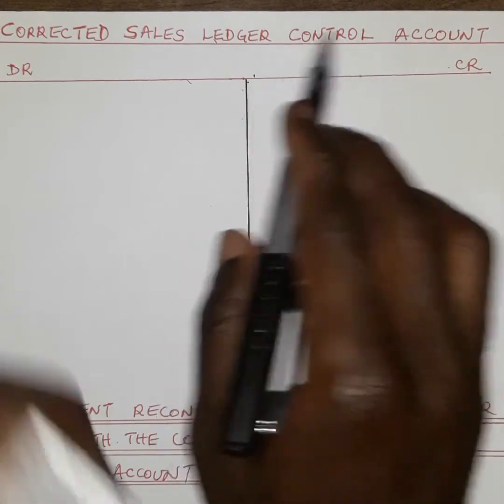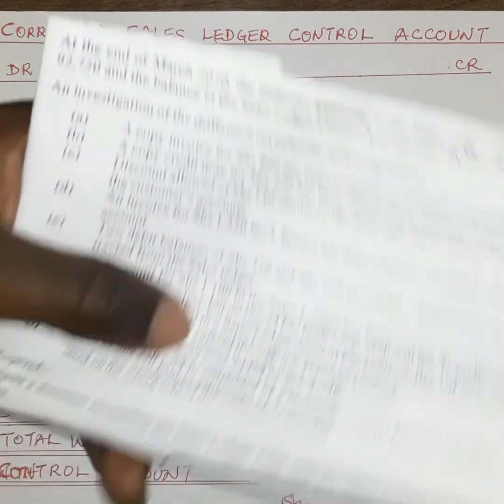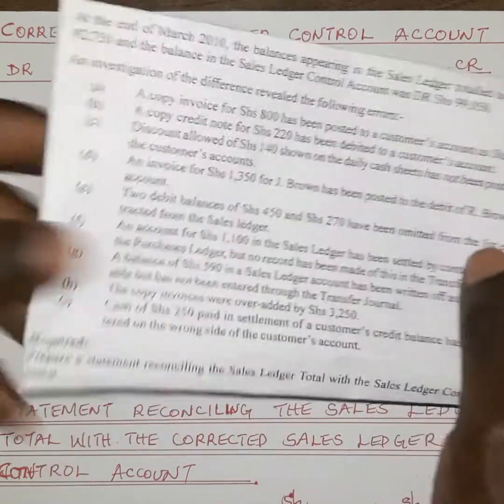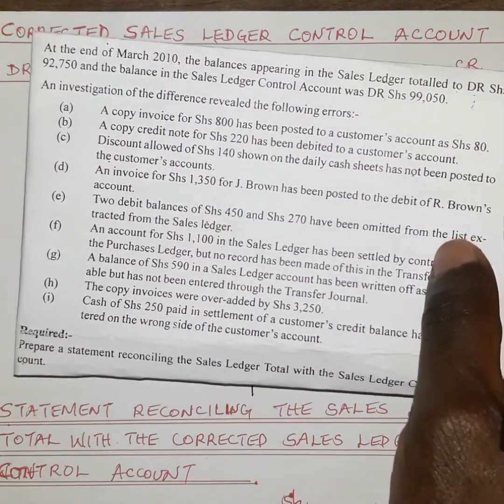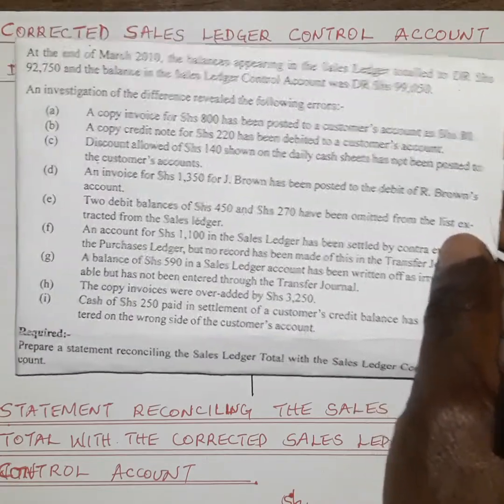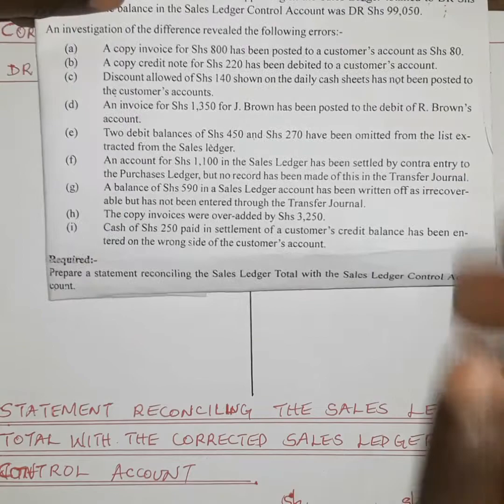That is, these amounts which were supposed to be transferred from the sales ledger account to the sales ledger control account, but were not affected in the process.